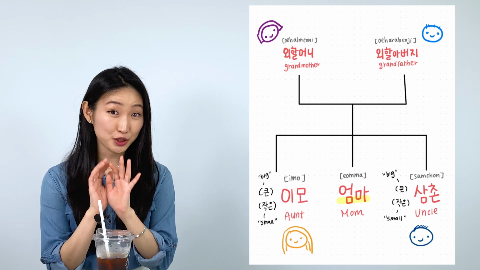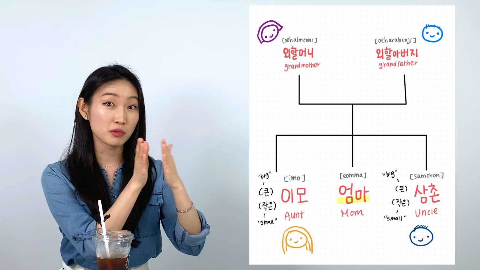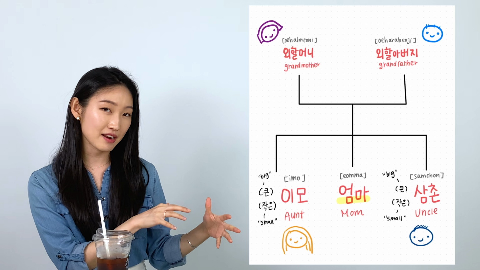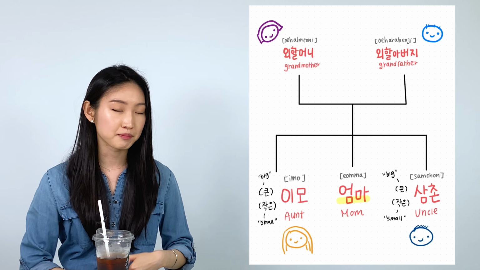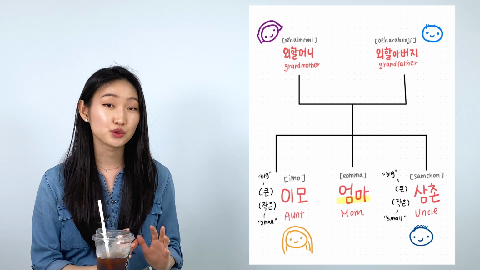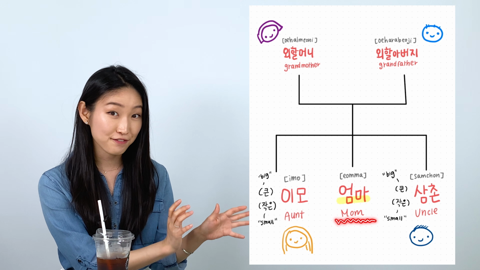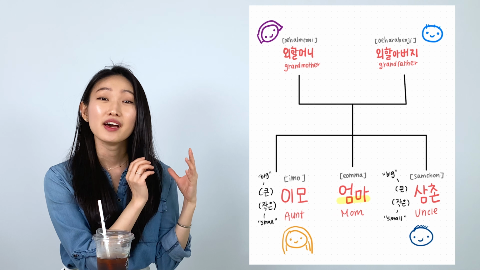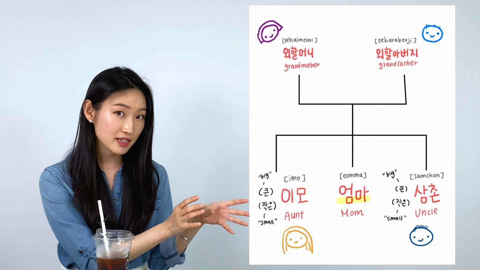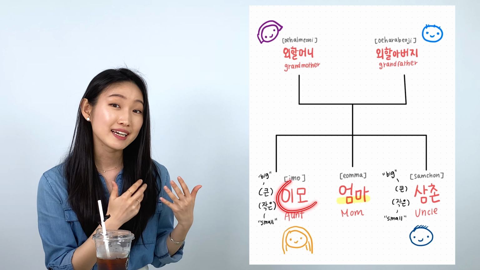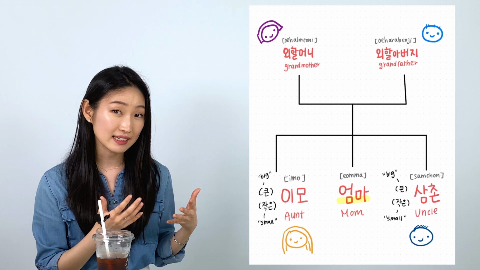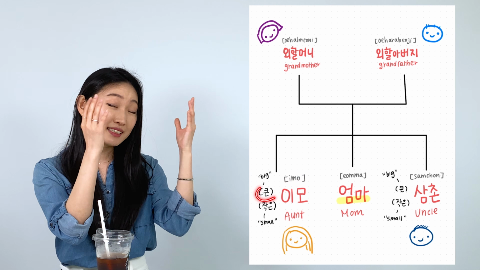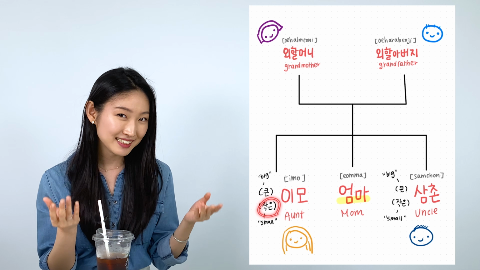Now let's move on to aunt and uncle. You must distinguish between your mom's side family and your dad's side family for them. So let's move to your mom's side family first, your 외가. If you have an aunt on your mom's side family, they would be called 이모, 이모. 큰 이모, 작은 이모.